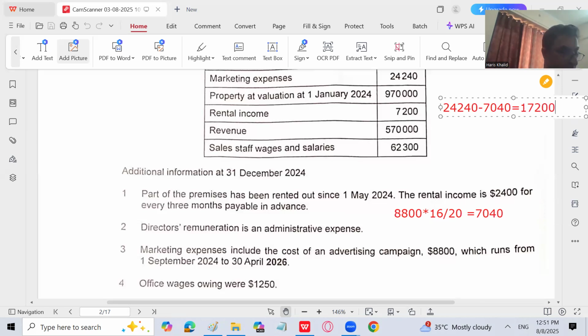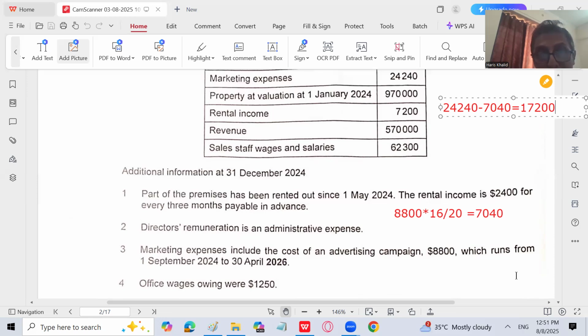Let me repeat it again for you, because obviously it is a technical point. The 8,800 is a part of the marketing expense of 24,240, and it belongs to the whole period of 20 months from September 2024 to 30th April 2026: 12 months for 2025, 4 months for 2024, and 4 months for 2026.